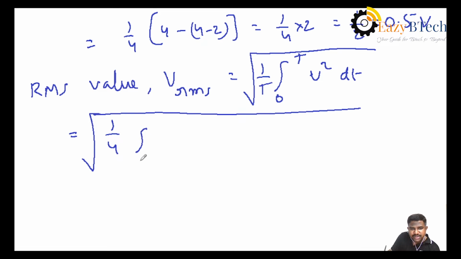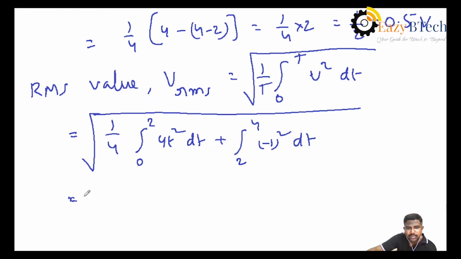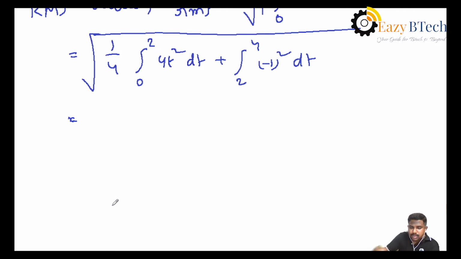Again, what is the function here? From 0 to 2, that is 2t whole squared, 4t squared dt, plus from 2 to 4, minus 1 whole squared, nothing but plus 1 into dt. This is the whole function.